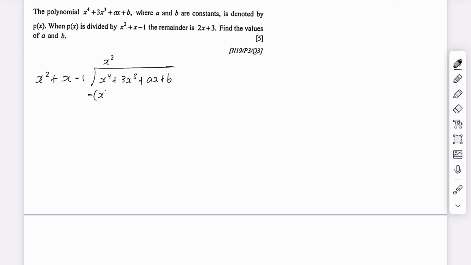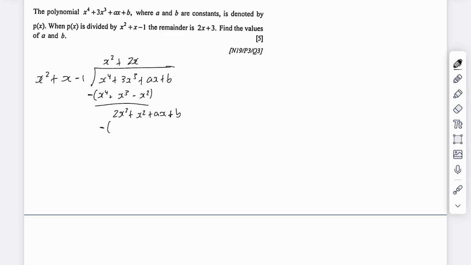We get x to the 4 minus x squared, and that's going to give us 2x cubed plus x squared, because remember it's 0 minus x squared, so plus, plus ax plus b. Then we go x squared into 2x cubed, that's 2x, and we plug that back in.